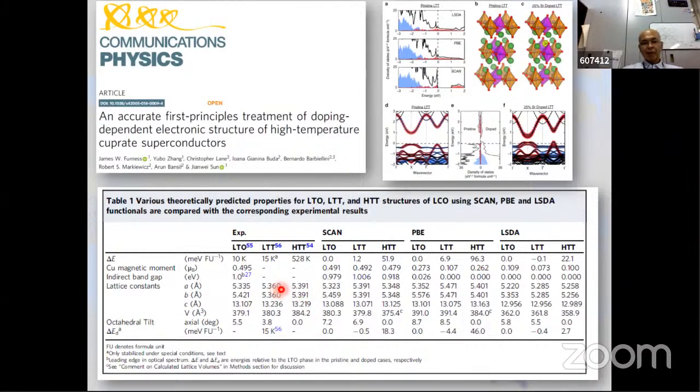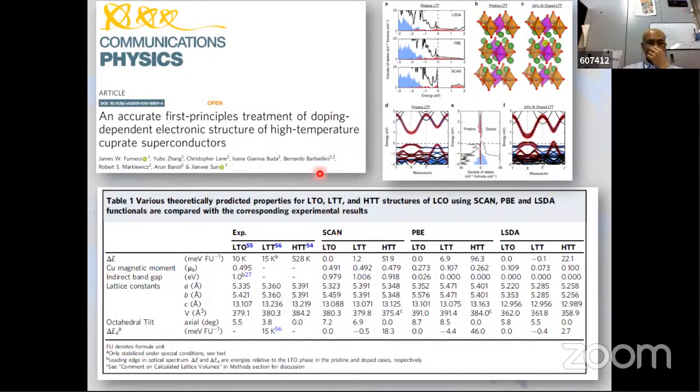They are trying to simulate the crystal structure and electronic state by changing the electronic correlation function. Especially SCAN is a very recent correlation function to be examined, and their group is the developer of the SCAN function.